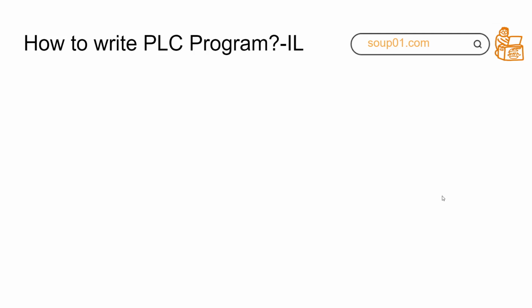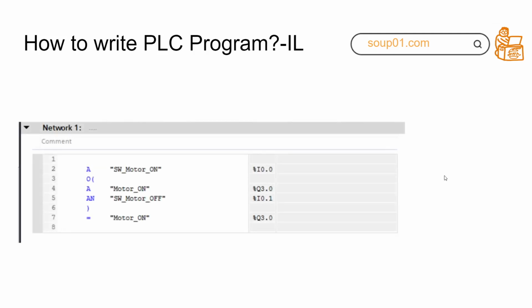The third one is instruction list, IL. Instruction list is an assembly language. I think you cannot see much of it now in new PLC projects, but for example 30 years ago, you could find many projects made with instruction list, for example on Siemens S5, S7, or some very old Mitsubishi PLCs. They needed the program written in this instruction list because they don't have much memory.